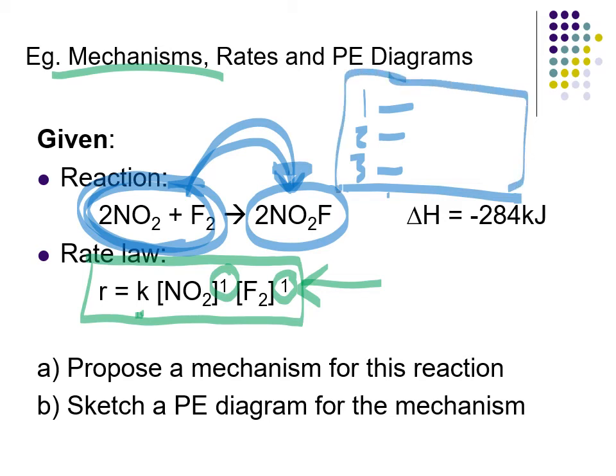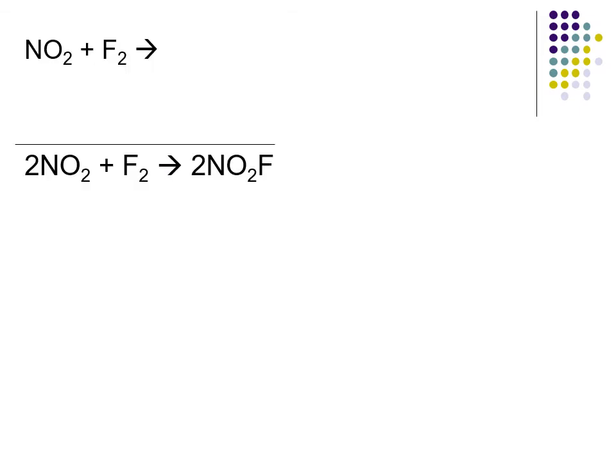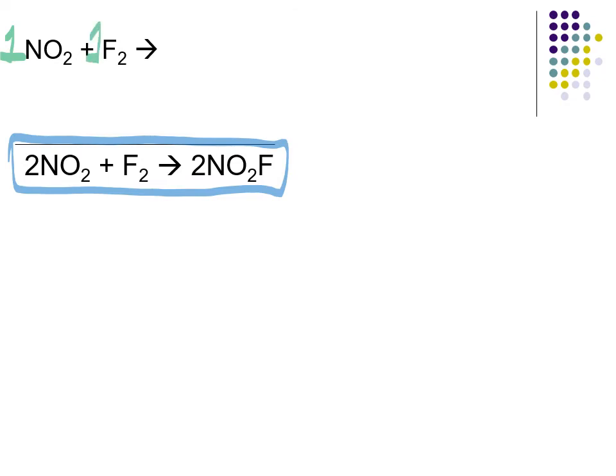So let's see how this looks. We have here on the bottom our overall reaction. That's sort of our goal. That's what we need to get to in the end. That's the overall process. Our rate law told us that we have one NO2 reacting with one F2.